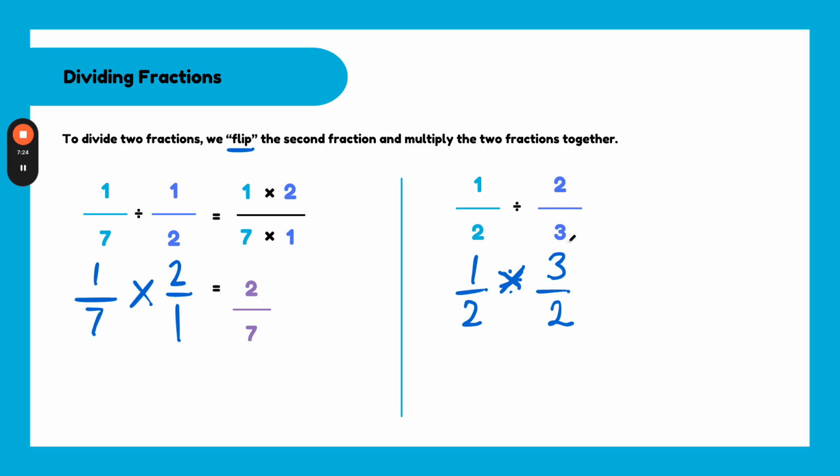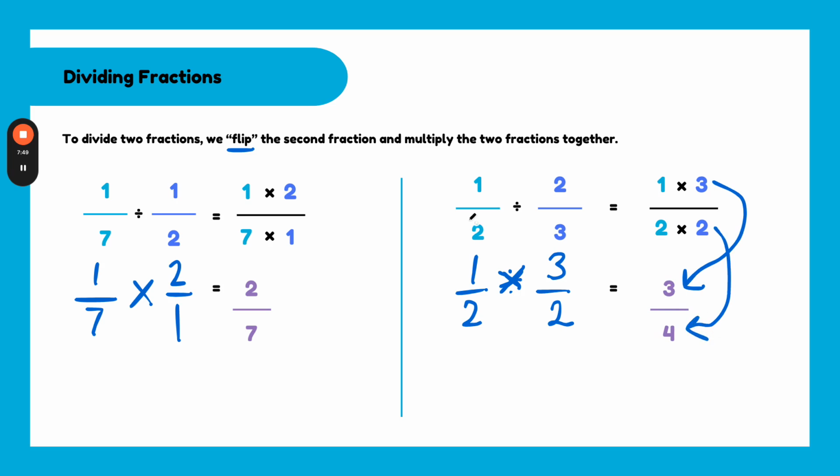So it then becomes a half times 3 over 2. Our numerators 1 and 3 are multiplied, and our denominators are both 2, we multiply them. So 1 times 3 is 3, and 2 times 2 is 4. So a half divided by 2/3 is equal to 3 over 4, or 3/4.